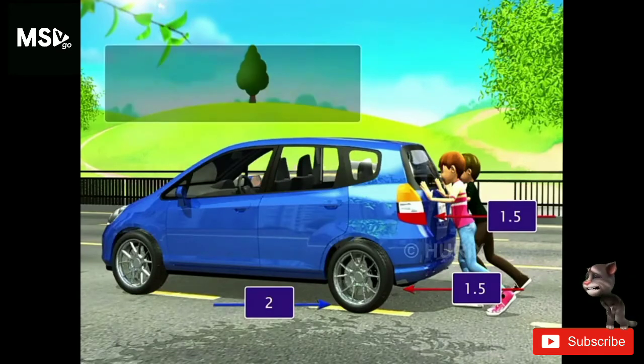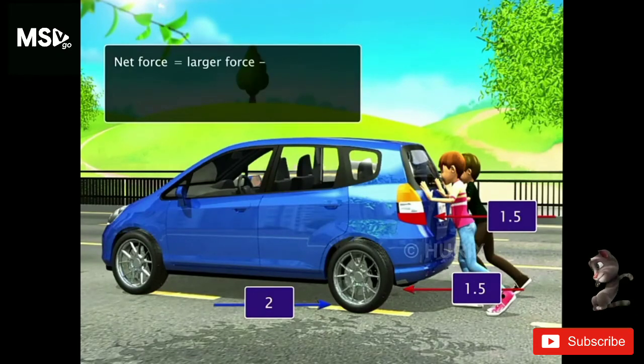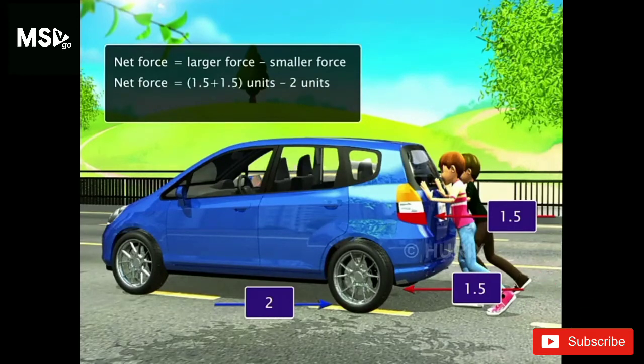Then, net force equals larger force minus smaller force. Net force equals 1.5 plus 1.5 units minus 2 units. Net force equals 1 unit. The value of the net force is greater than 0. Hence, the forces are unbalanced.